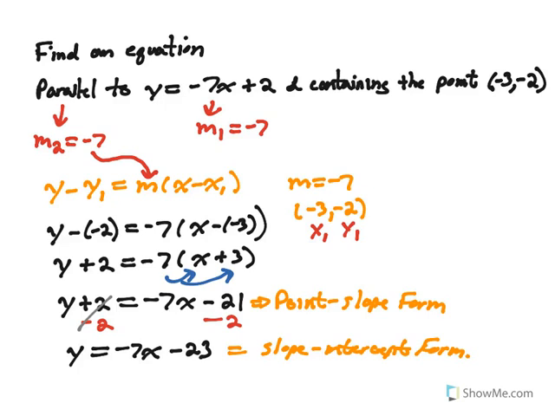Okay, so the other example is we want to find an equation of a line that's perpendicular to another equation or another line. Okay, so we can do that, an example in the next slide.